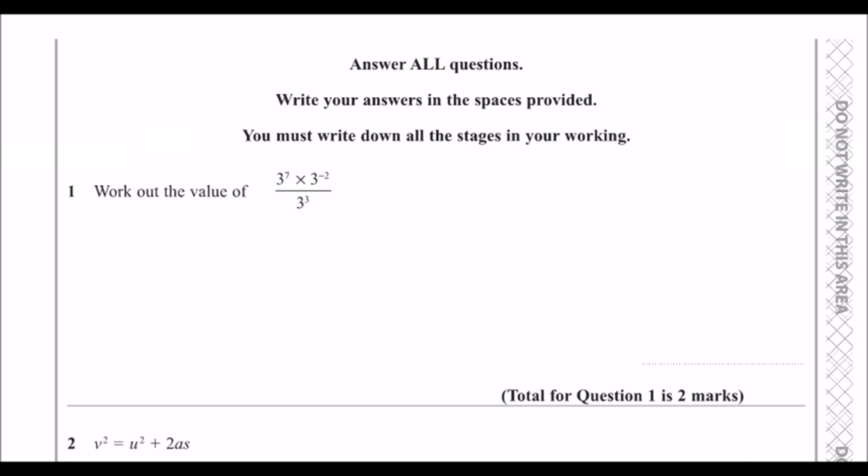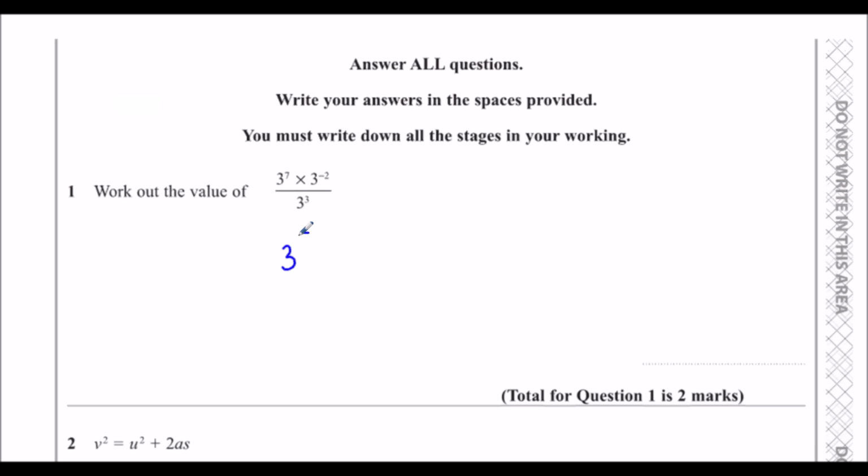Question 1. Work out the value of 3 to the power of 7 multiplied by 3 to the power of -2 over 3 cubed. If we do the top line first, when we multiply indices, we add the powers. So 7 plus -2, which is 7 minus 2, which is 5.